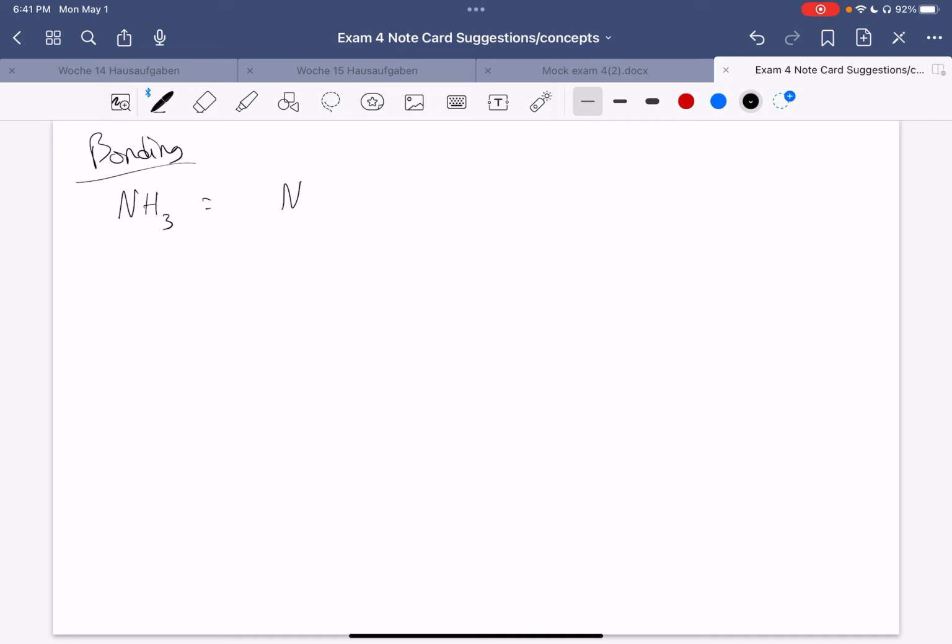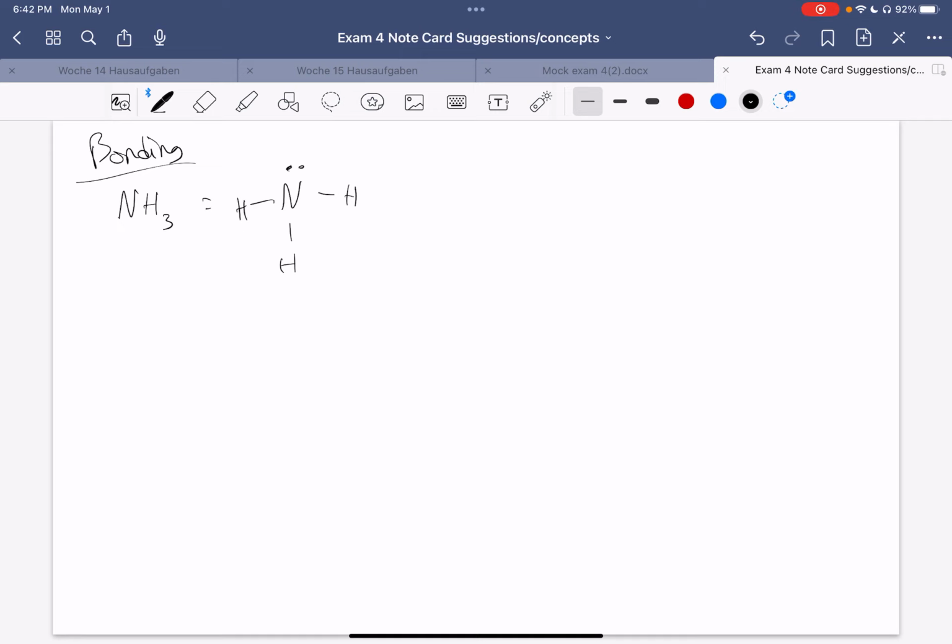I guess another thing I forgot to point out for the octet rule, I will get to that. Okay, so we have H, H, H, and we have two lone pairs up here.